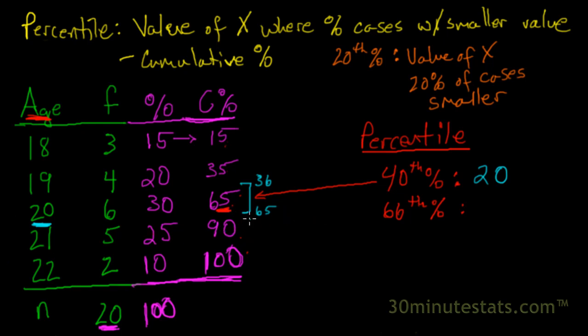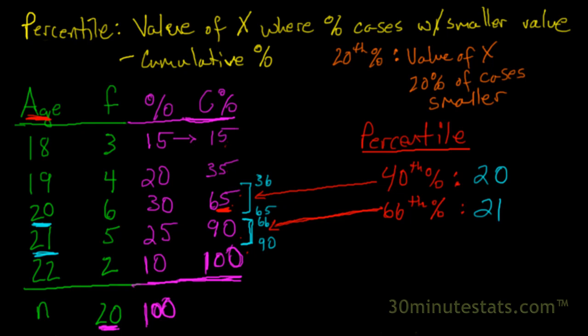And then we find, aha, here's 90, and the cumulative percentage of 90 actually covers the 66th percentile to the 90th percentile. And so we would say clearly our 66th percentile for this distribution will fall into this particular age category, which is 21. So the 66th percentile would be 21-year-olds.